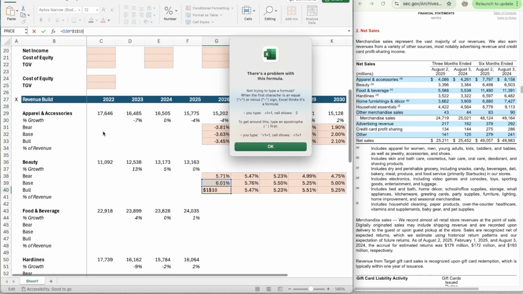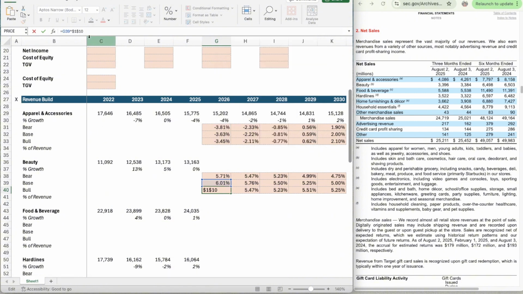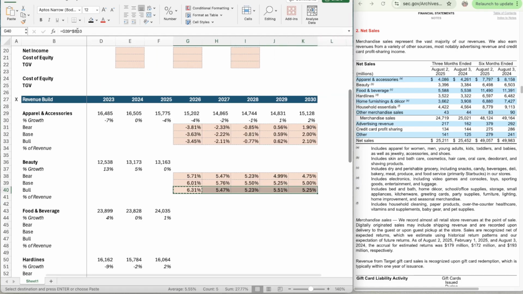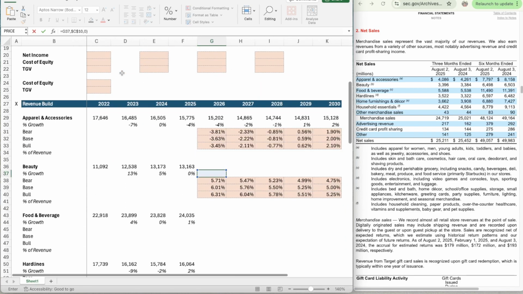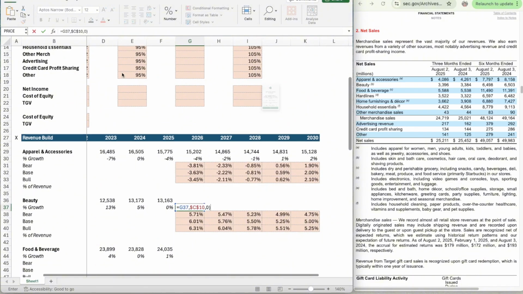Yeah, we can see. No, I've done this wrong. There we go. The cell that we're in, G37. Then we're going to go log C. I think this is going to be C10. Yep, got it. Perfect.